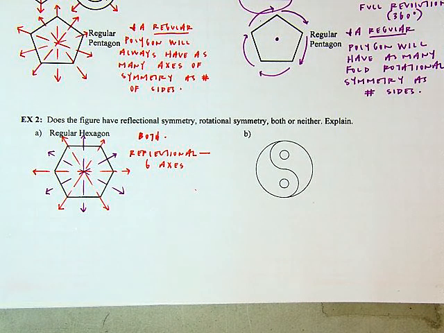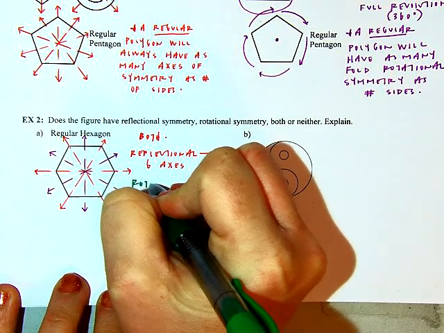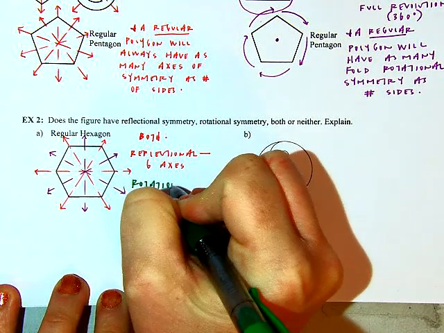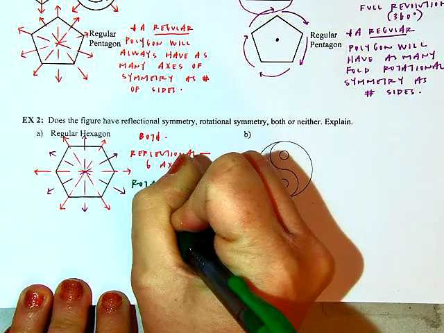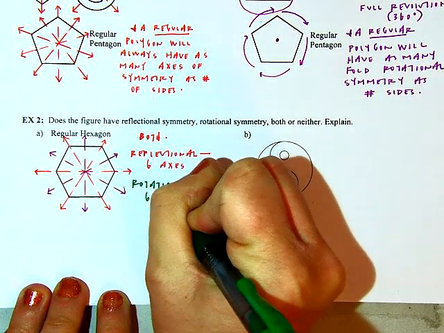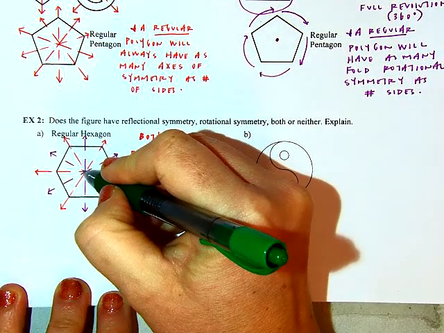All right, so then I want to talk about rotational symmetry because it also has rotational symmetry. And here we should have 6-fold rotational symmetry. So that's how we write it, 6-fold, because we can picture that here's the center.